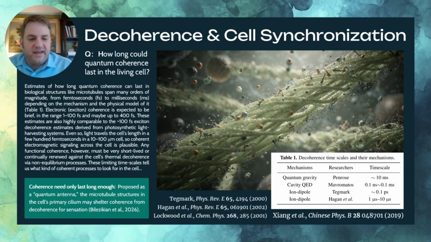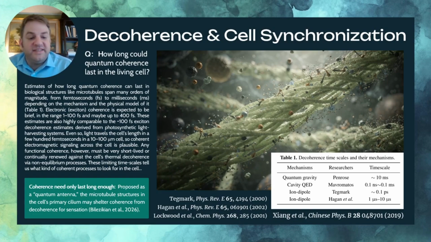And in any case, the limiting timescales tell us what kind of coherent processes to look for, what length and timescales we should be searching within in the cell if we expect these things to actually play a significant role. And of course, the coherence only needs to last long enough to be functional.